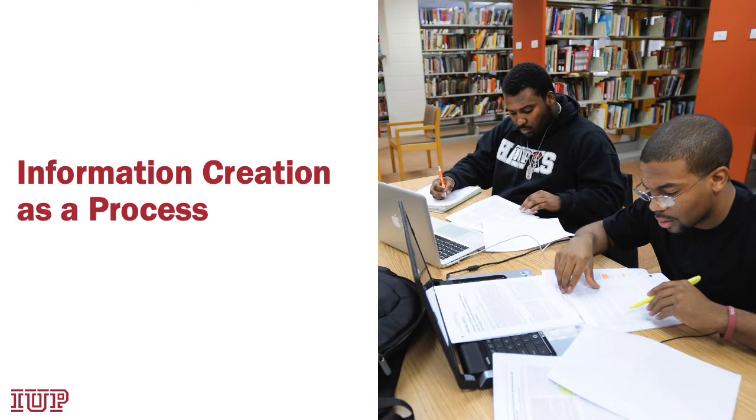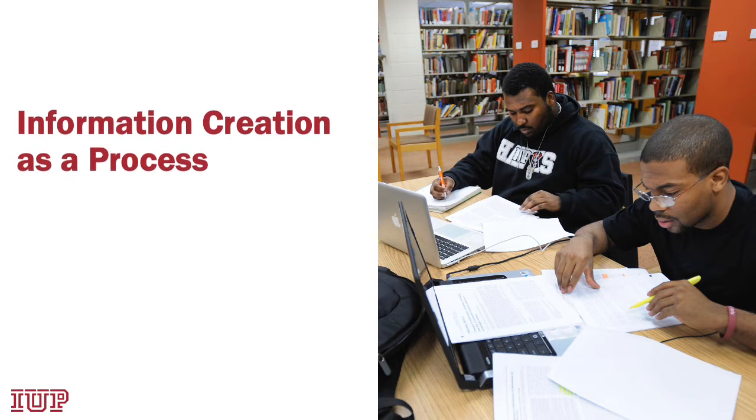Frame 2. Information creation as a process. This frame recognizes that all information is created to convey a message, and that the packaging and delivery method are part of that message. It also highlights that information creation is iterative, and that information is continually revised, even after publication.